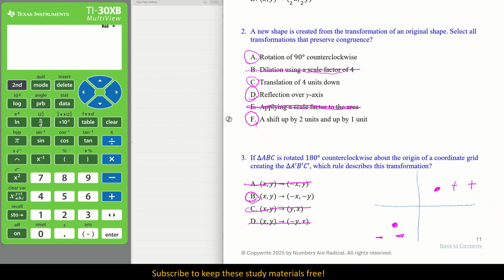B, this notation where it says (x, y) transforms to (-x, -y), that doesn't mean that we're going to just slap a negative in front of that number. That's not what that means. What that means is the sign will change.